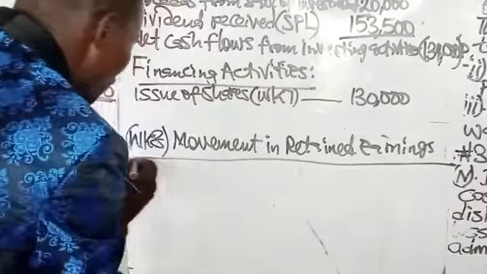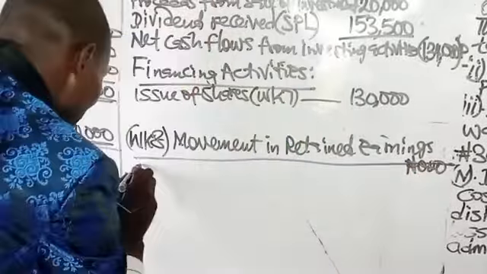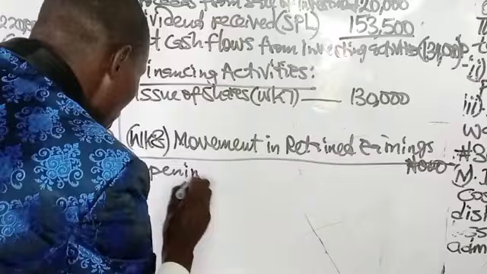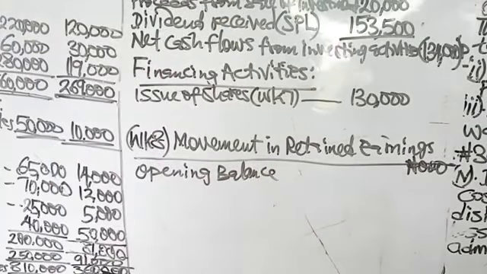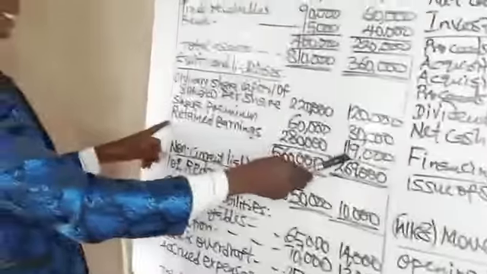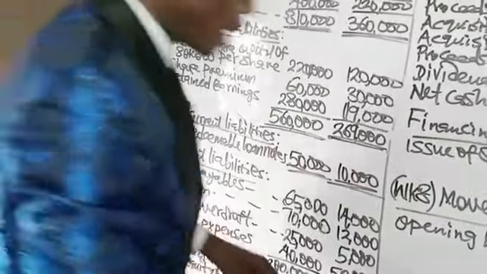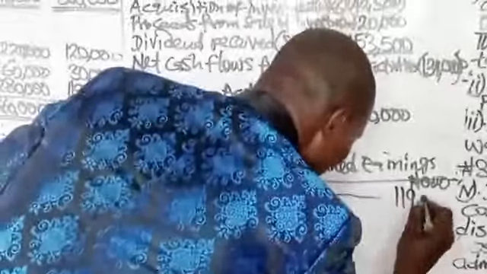So we have the opening balance. How much is your retained earnings at the beginning? Retained earnings, 119,000.